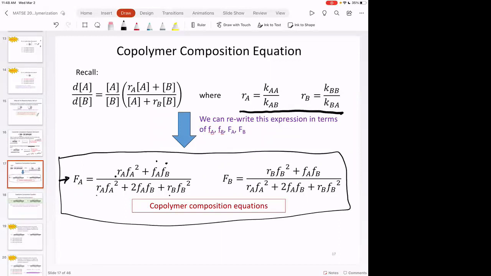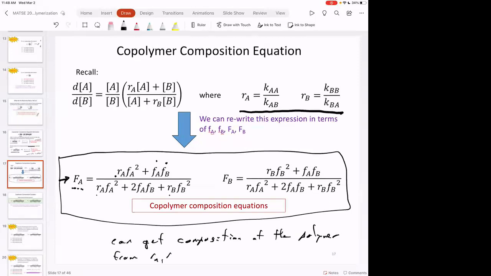And so we could get the composition of the polymer from RA, RB, and monomer mole fractions.